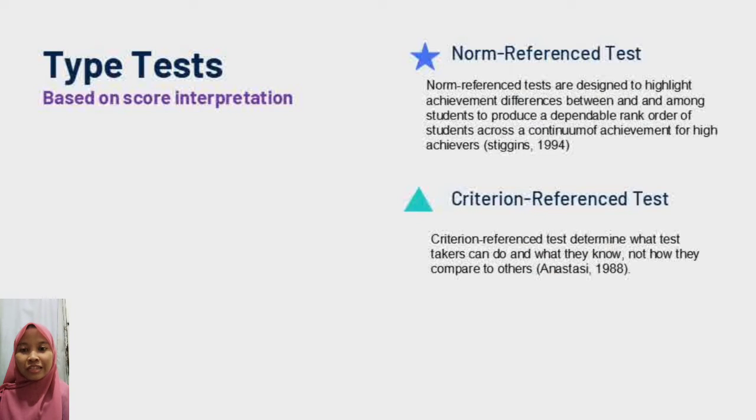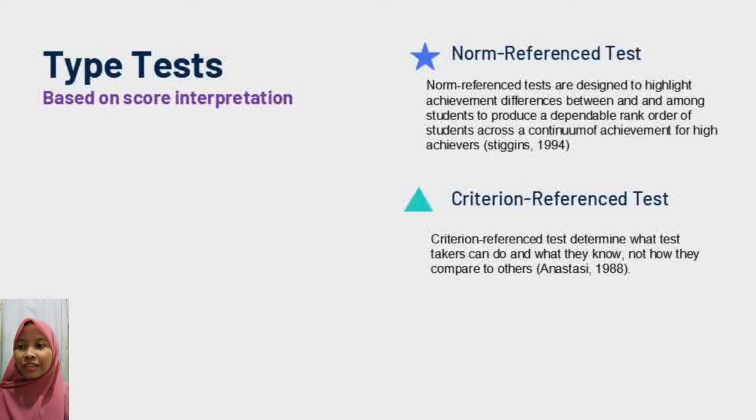According to Stiggins 1994, norm referenced tests are designed to highlight achievement differences between and among students to produce a dependable rank order of students across a continuum of achievement, from high achievers to low achievers.